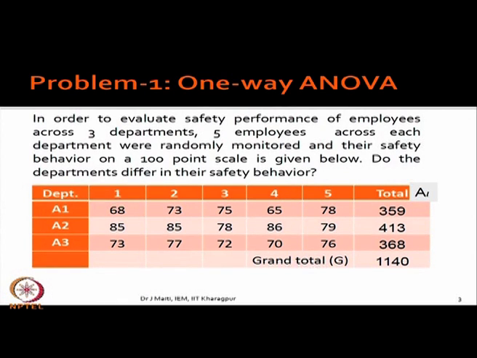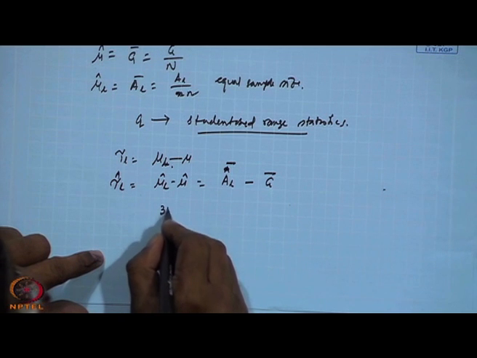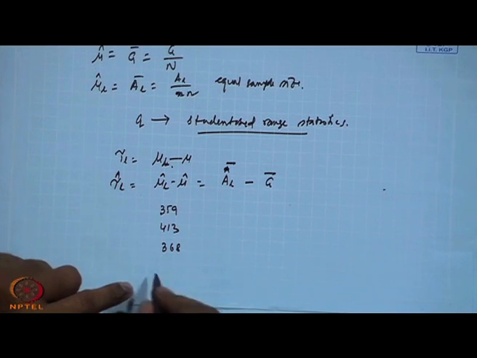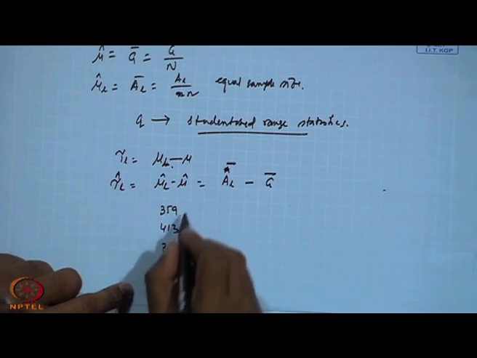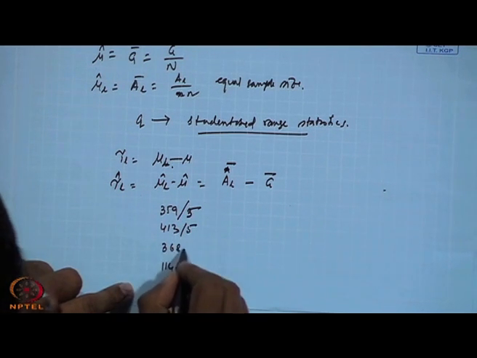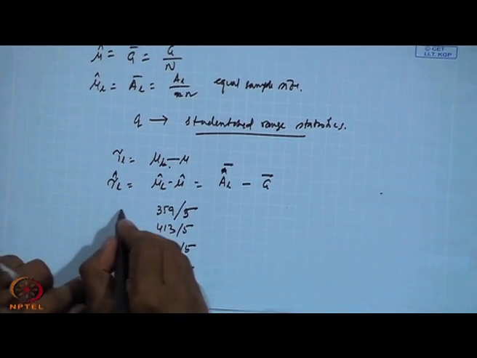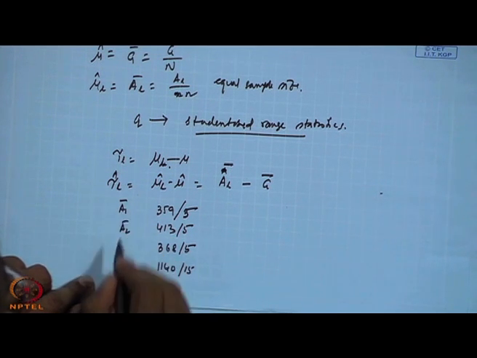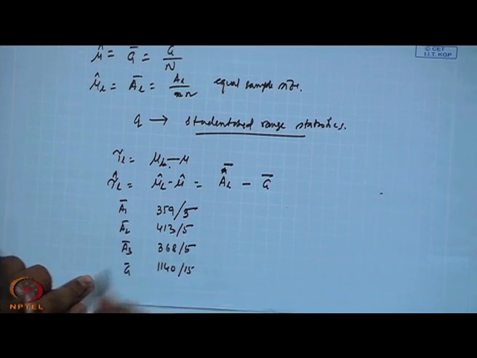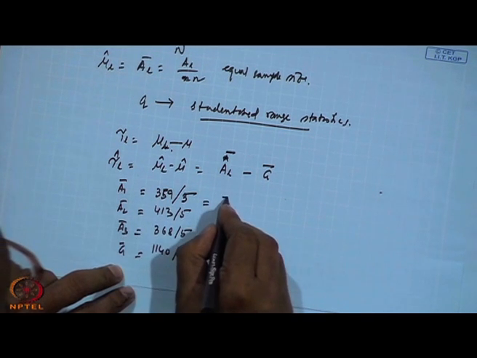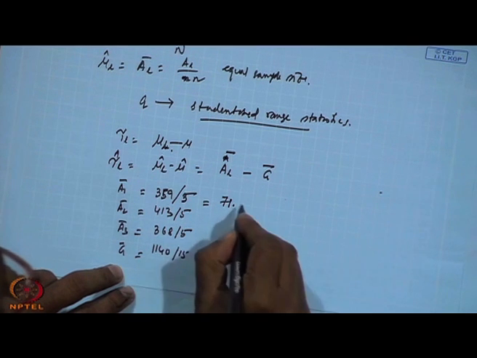The A L totals are 359, 413, 368, and the grand total is 1140. So you divide each by 5, and the grand total by 15. Then A1 bar, A2 bar, A3 bar and G bar are equal to this. 359 divided by 5 will be 71.80.